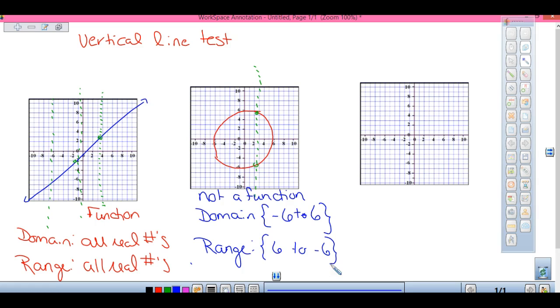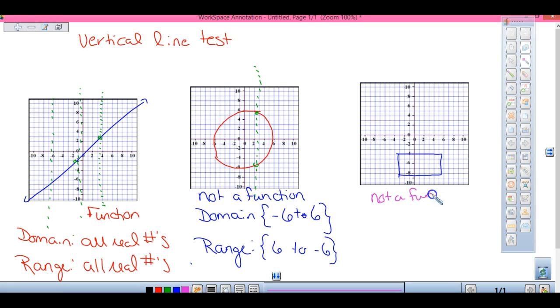Let's say I have this rectangle. Function or not a function? Why is it not a function?